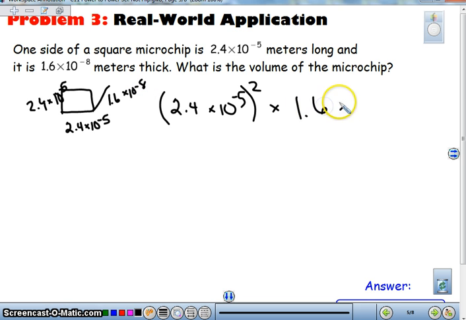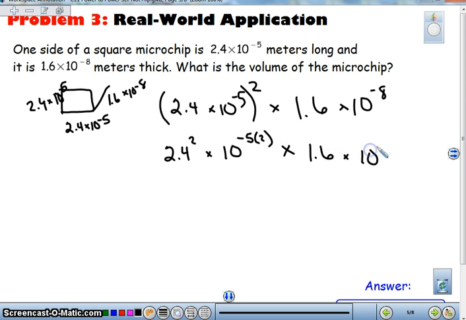So we're going to be combining our operations in this one. First, we're going to do the power of 2. So we are going to take 2.4 to the second times 10 to the negative 5 to the second. I also have this 1.6 times 10 to the negative 8. I'm going to put 2.4 squared in my calculator. That comes out to be 5.76. Then I'm going to regroup my numbers, so I'm going to put these two together, times 1.6.